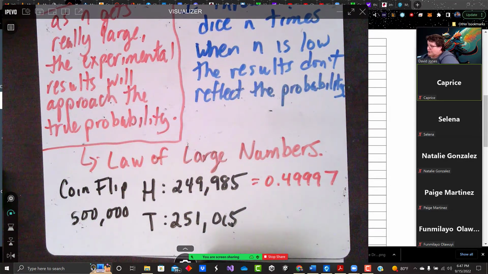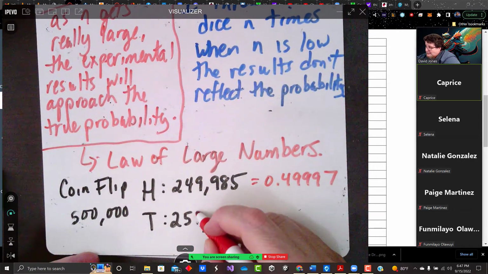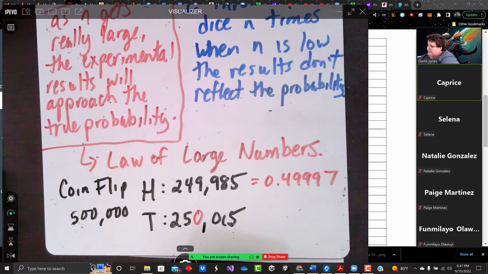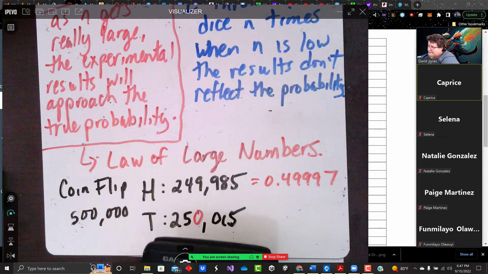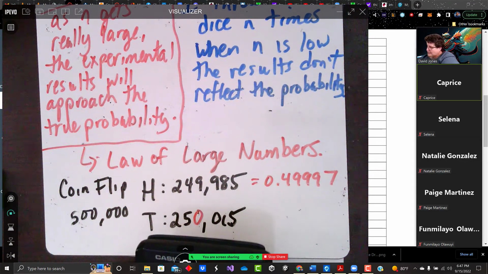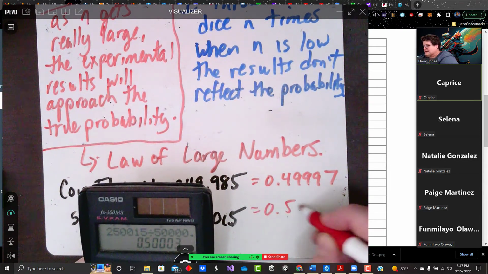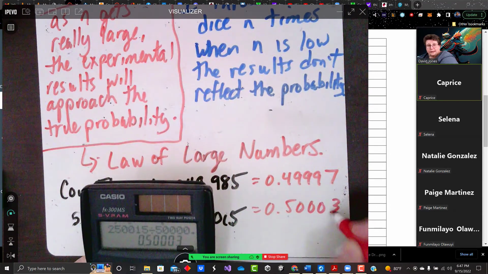And if I do the tails, that should be 250,015. That doesn't add up to 500,000 the way I had it. 250,015 divided by 500,000 gets me 0.50003.